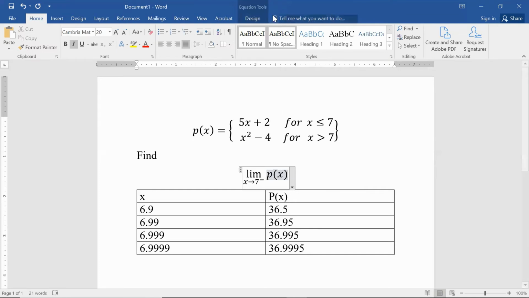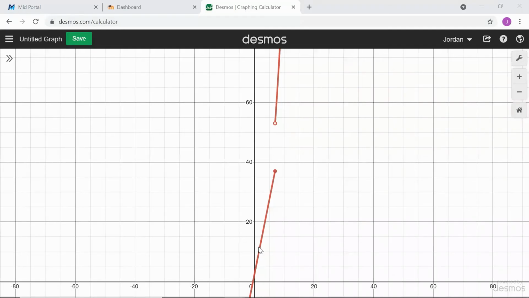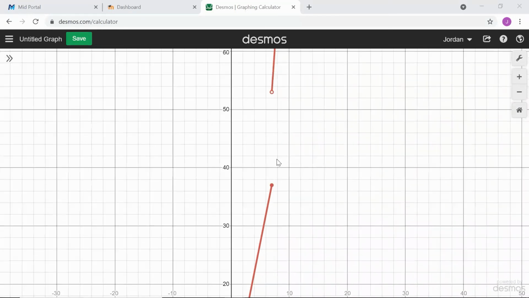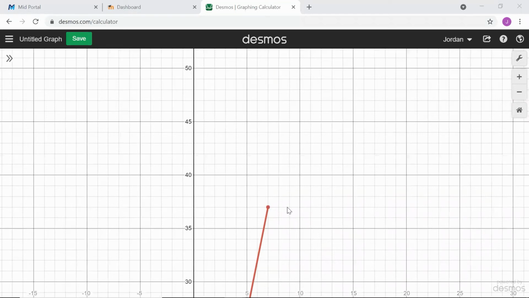Now, another thing we can do is take a look at the graph. We saw the graph earlier. So graphically, what does it mean to approach 7 from the left?